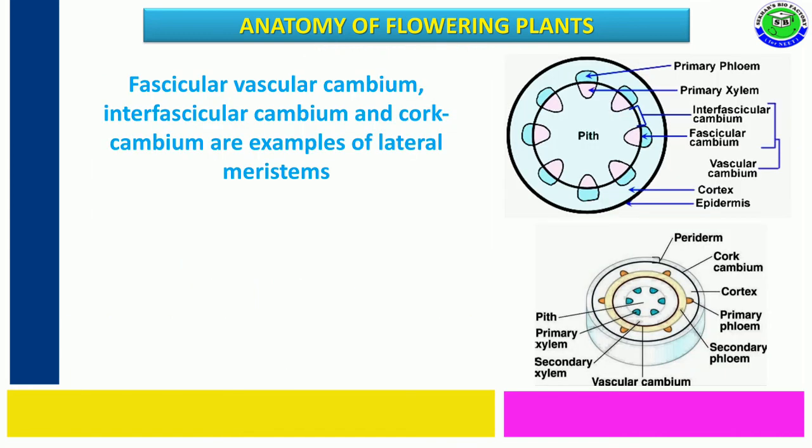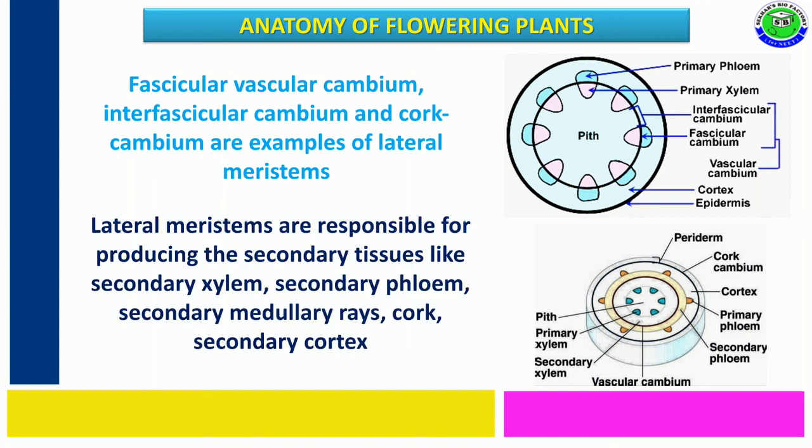Examples of this lateral meristem are the fascicular cambium present in between xylem and phloem, and the interfascicular cambium present in between two vascular bundles of a dicot stem. Along with these, the cambium formed in the cortex is called cork cambium. These are examples of lateral or secondary meristem.